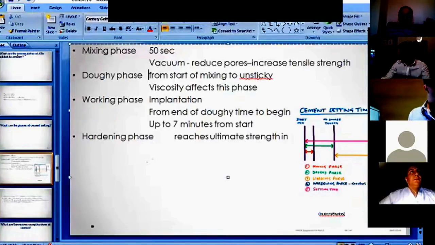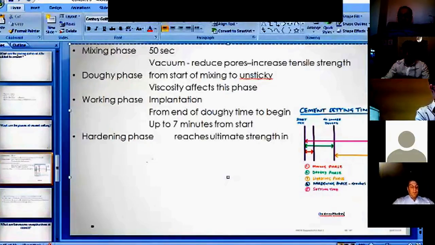The third phase is the working phase, and this working phase also includes the mixing. The working phase starts after the doughy phase, and that's when you actually put your implant on, whether it's a hip replacement, knee replacement, etc. So this is the working or implantation phase.